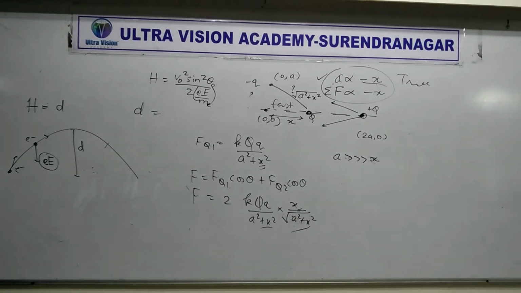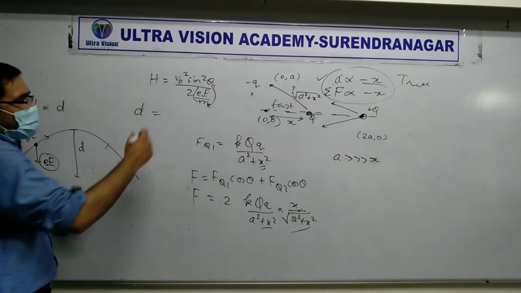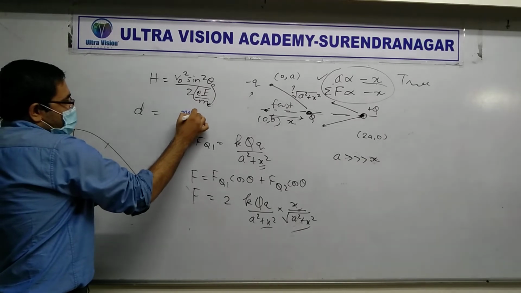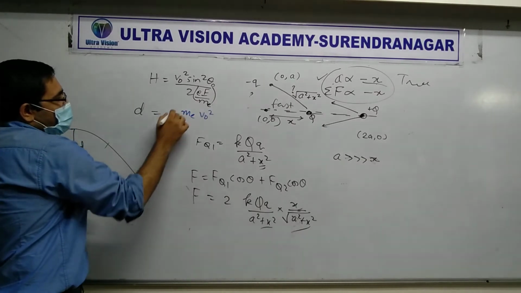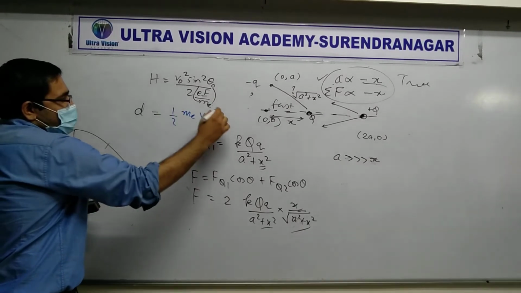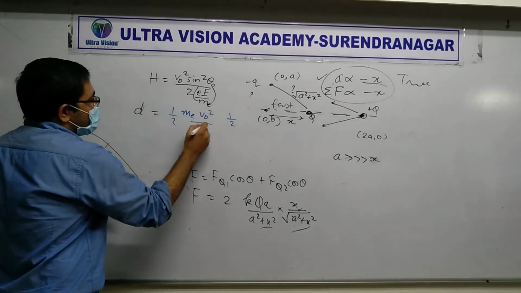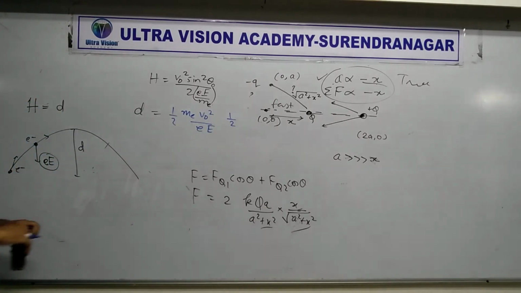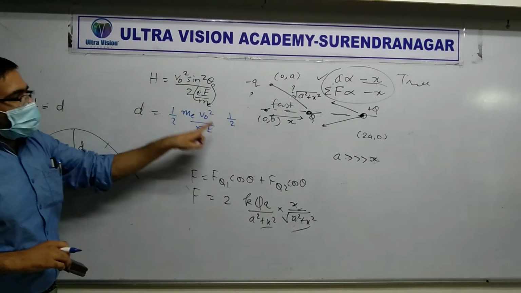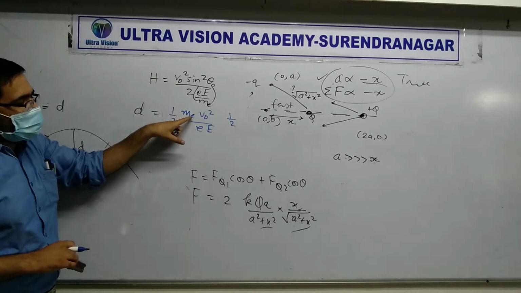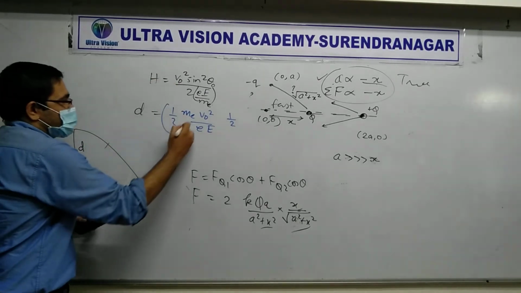Okay, let's see. When you put it this way, H is d, and m goes to the numerator: m v0 squared, and 1 by 2. See, 2 is also there. Sin squared 45 is 1 by 2. This is E. Have you understood? Sin squared 45 is 1 by 2, half. m v0 squared, what's this?